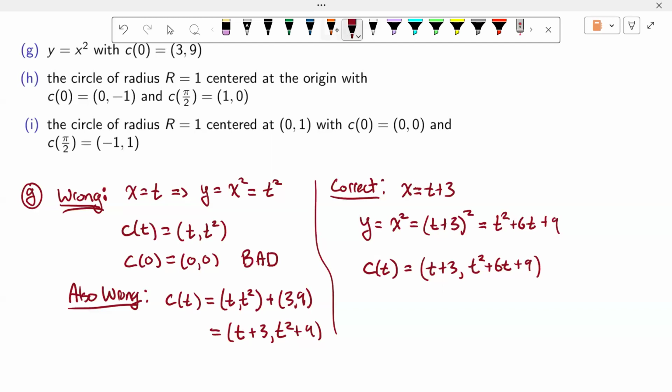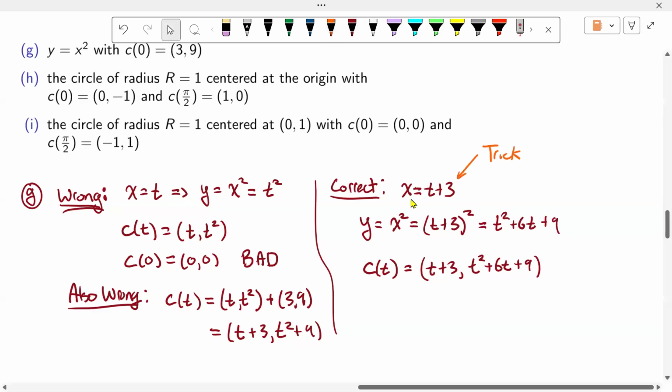So this is the dirty rotten trick. You say, oh, let me just worry about getting the x to give the correct value first. So I'll do t and then I'll add 3 to that. And then my y will be determined fully by this.